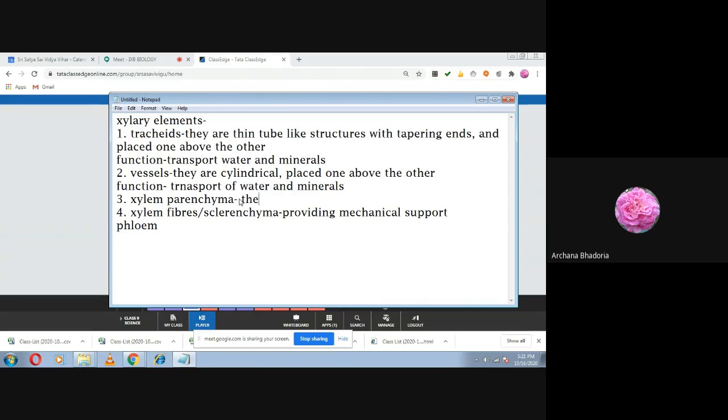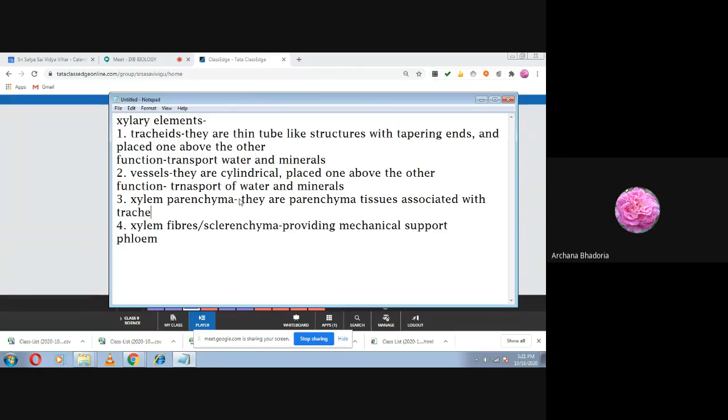You can write down: they are parenchyma tissue associated with tracheids and vessels, and help in storage of food.